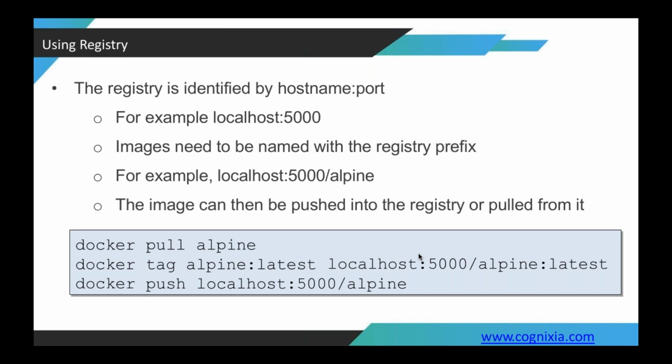Then you can tag the Alpine image. First of all, we are downloading the Alpine image, then we are tagging it with our localhost repository because we want to push the Alpine image inside our private repository.